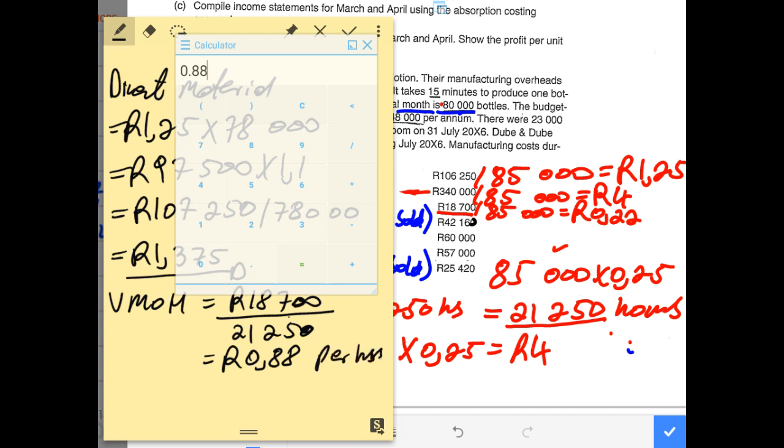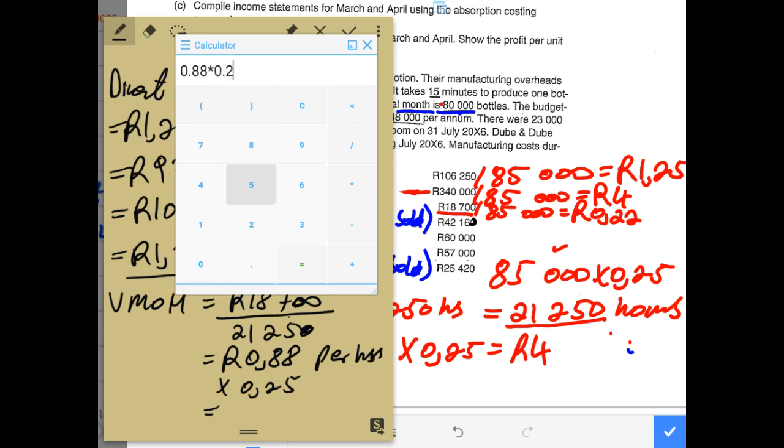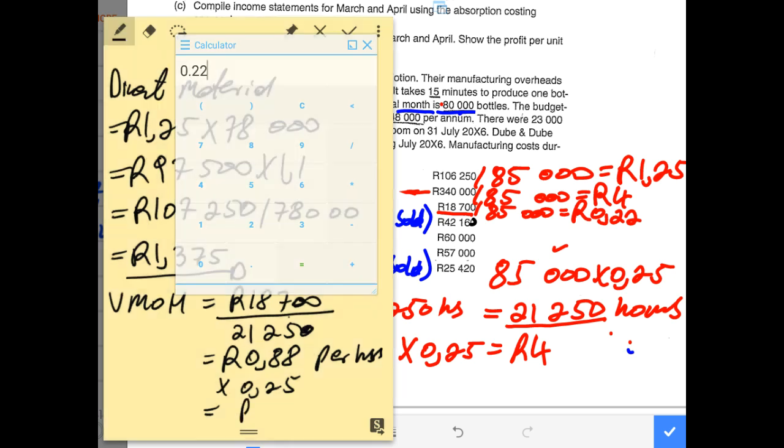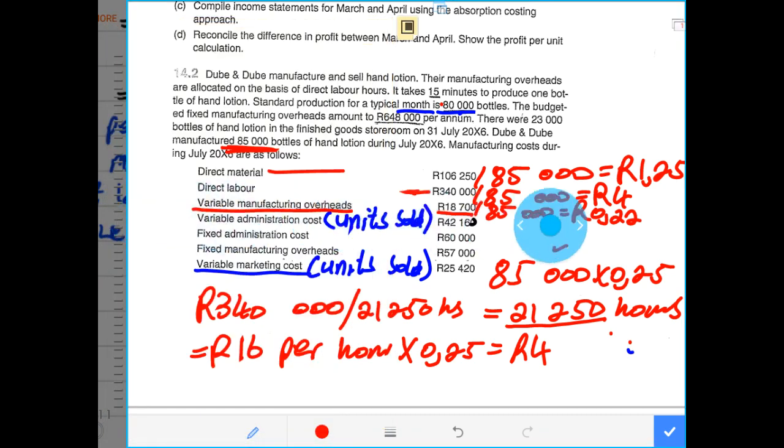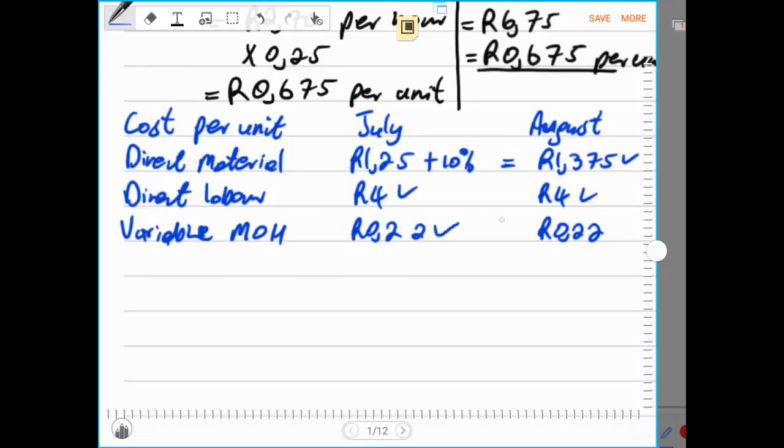But we want to calculate it per unit, times by 0.25, which is the labor hours per unit. So if you say times by 0.25, this will give us 0.22. So either way, you get to the same figures. Either you use the labor hours or you use the unit cost, but unit cost is very easy because it just gives you the final answer.